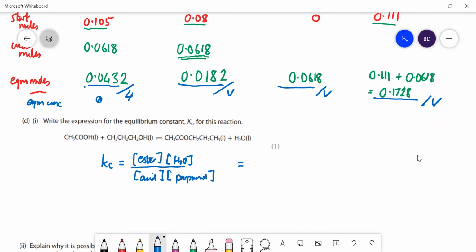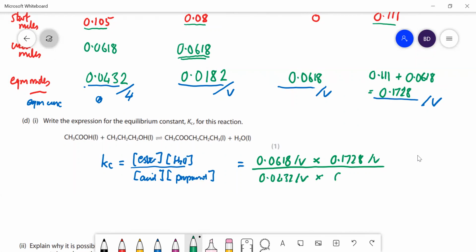So we're going to get moles of water, ester, sorry, 0.0618 over V, multiplied by 0.1728 over V, divided by 0.0432 over V times 0.0182 over V. Now, because we've got the same number of moles on both sides of the equation, you'll probably say that in your answer: because you've got the same number of moles, those volumes will all cancel out.